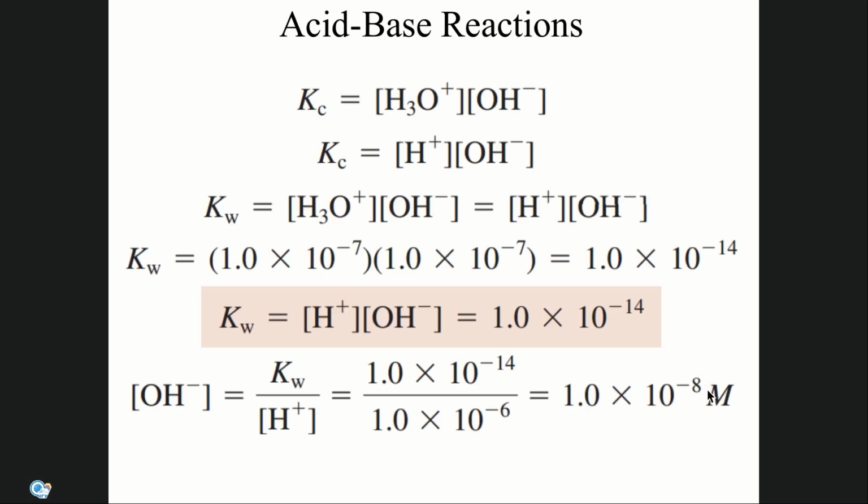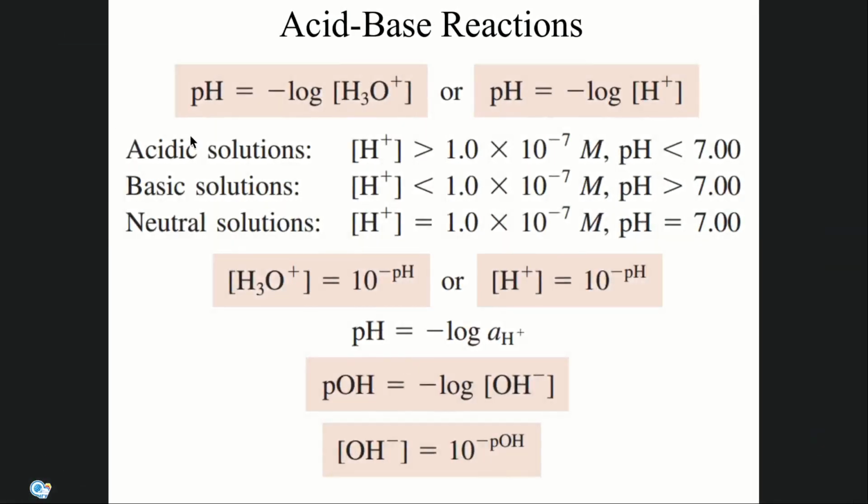Because the concentrations of H plus and OH minus ions in aqueous solutions are frequently very small numbers, and therefore inconvenient to work with, a more practical measure called pH was proposed. The pH of a solution is defined as the negative logarithm of the hydrogen ion concentration. This is the formula.